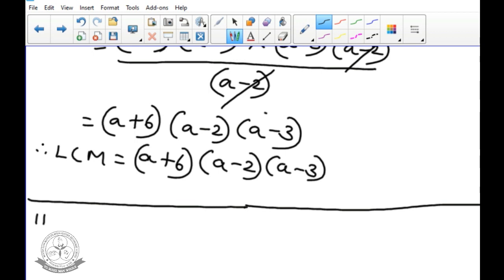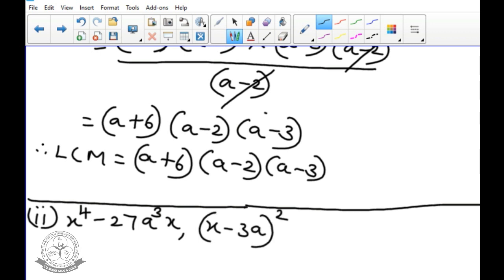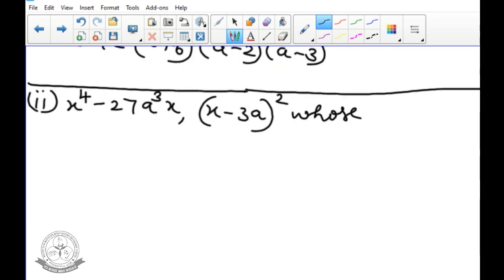Next, the second subdivision is x power 4 minus 27 a cube x. This is the first term. Next one, x minus 3a the whole square, whose GCD is x minus 3a.